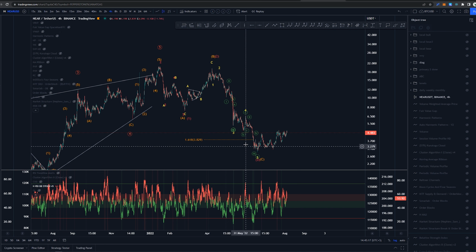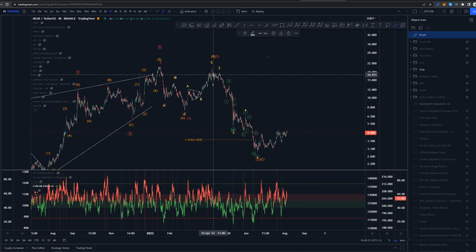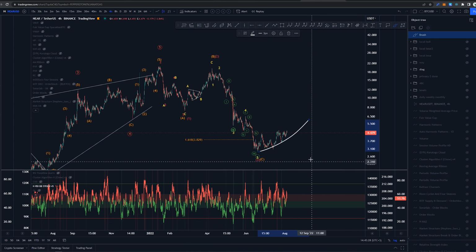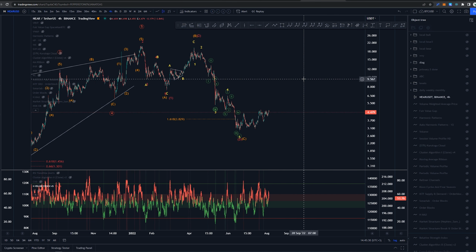But yeah, it did go beyond the 1.618 here on arithmetic scale. Oh no, sorry, logarithmic scale. So there is a chance, of course, that this indeed is a 1, 2, 3 only, and then we would be looking for wave 4 and 5.